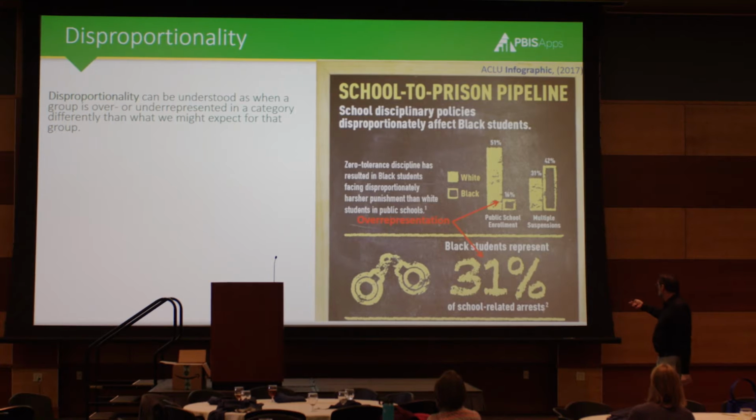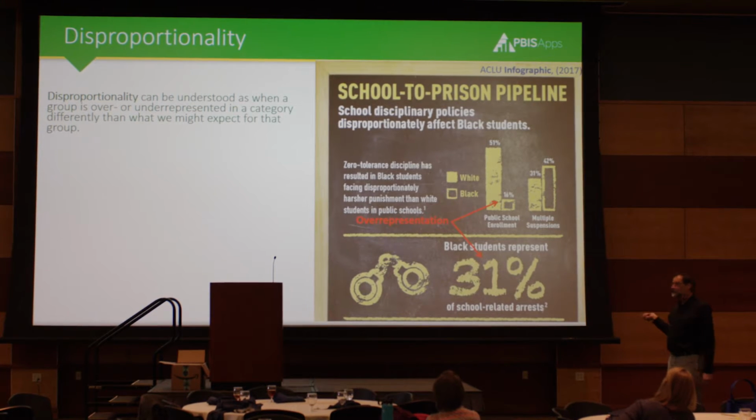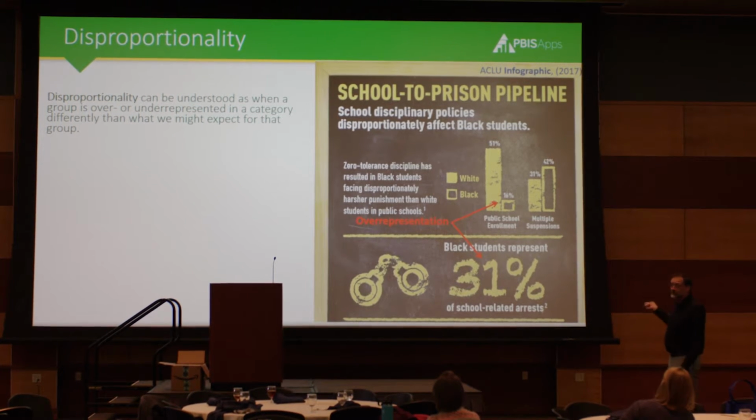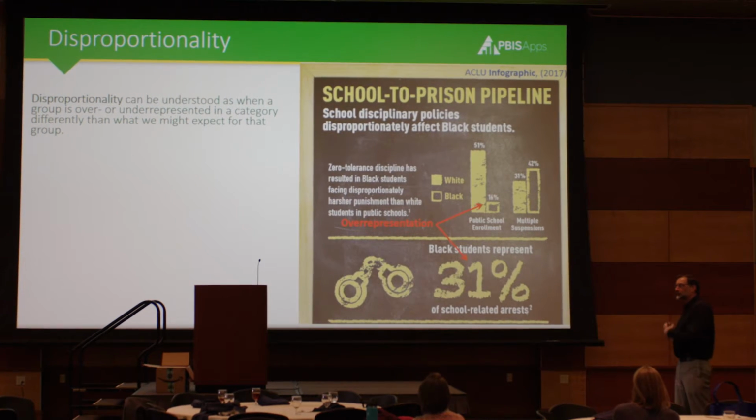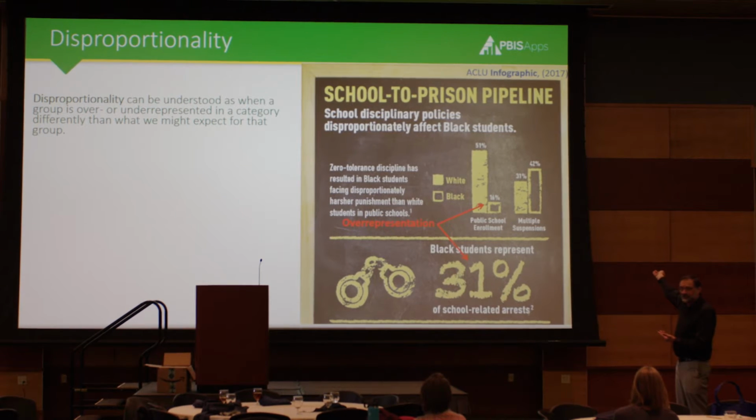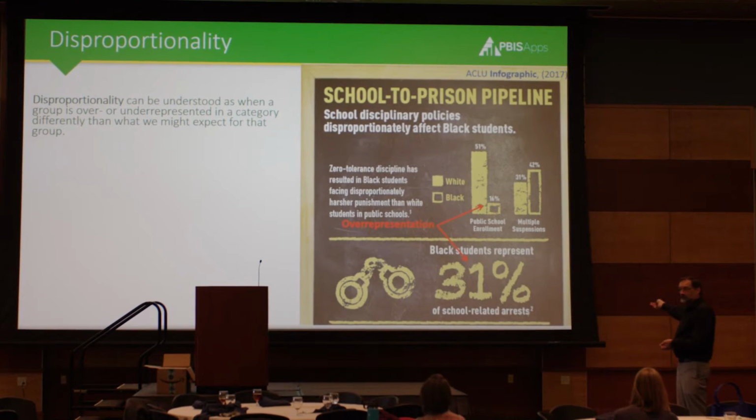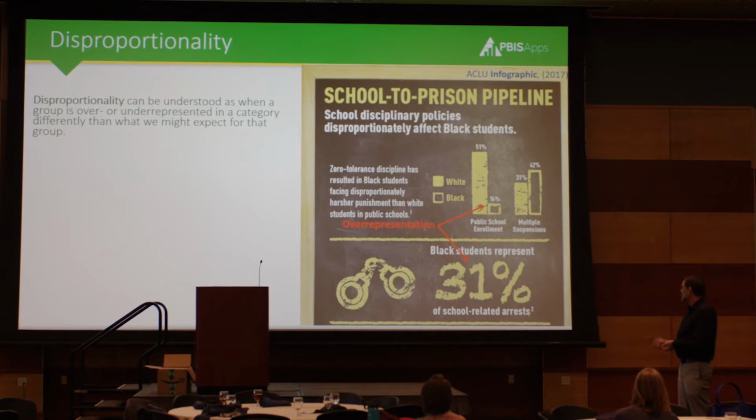We can see also that 16% of the population is responsible for 31% of the school-related arrests or referrals to law enforcement. Those aren't equitable. We would think that 16% would have 16% of the referrals to law enforcement.